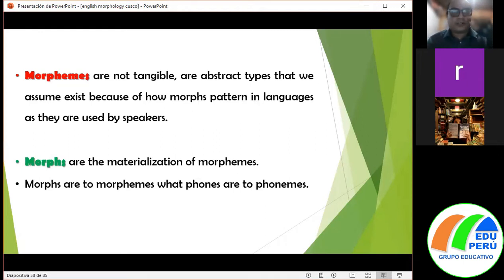When we talk about phonology, we saw that phones are any human speech sound, and the phoneme is what we have in mind, the abstract unit. Something similar happens with morphemes and morphs. The morpheme is the abstract part, the smallest meaningful unit in a language.